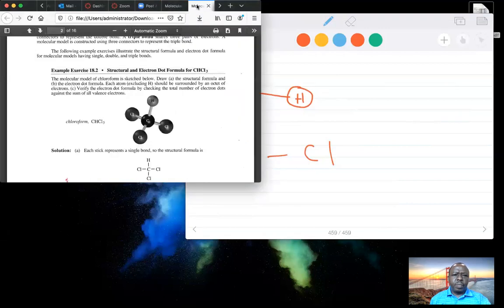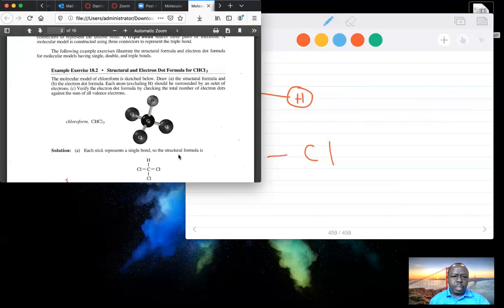All right. So if I go back here, if you look at the model, this is the model. If you look at the worked example here, model, and then this is the structural formula, which shows only what? The connection between atoms. There is carbon in the center, there is chlorine, there is hydrogen at the top, and then there is chlorine on the right side, and then there is another chlorine.